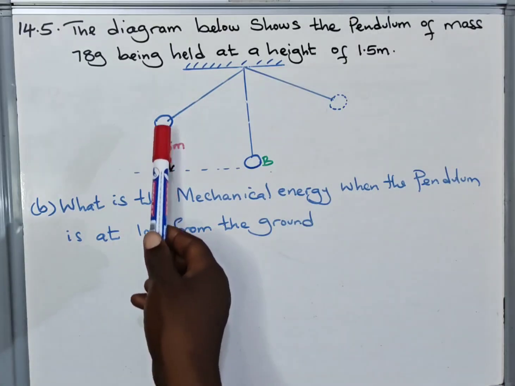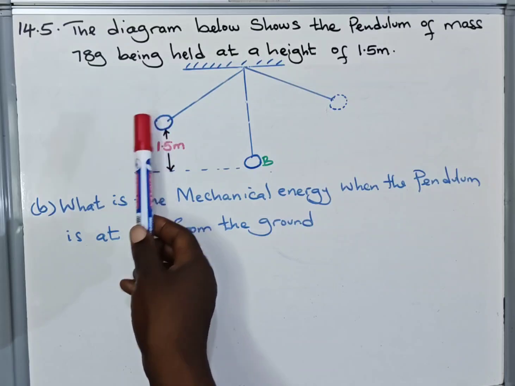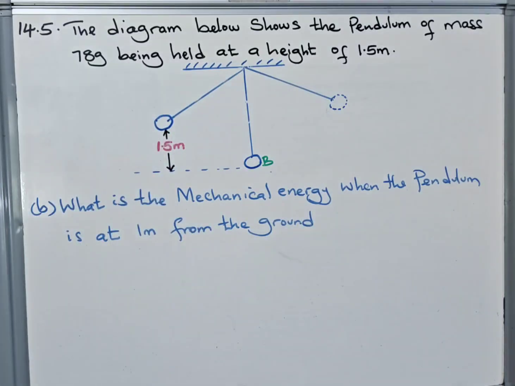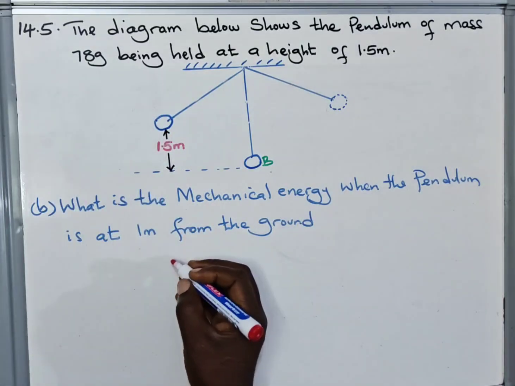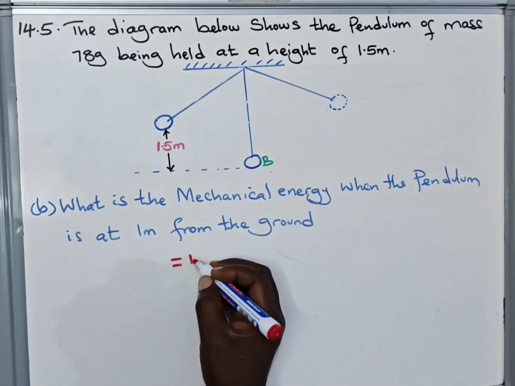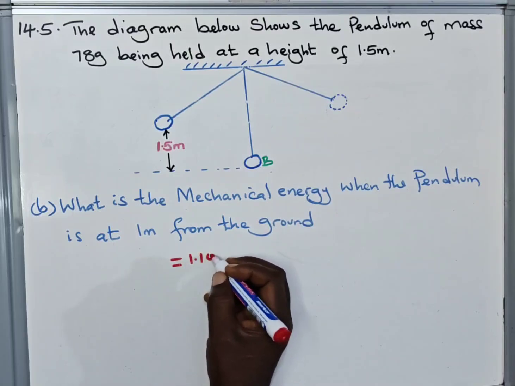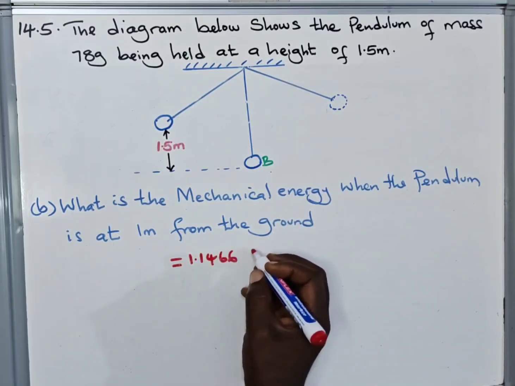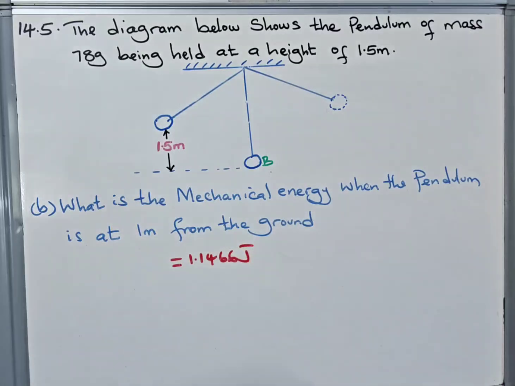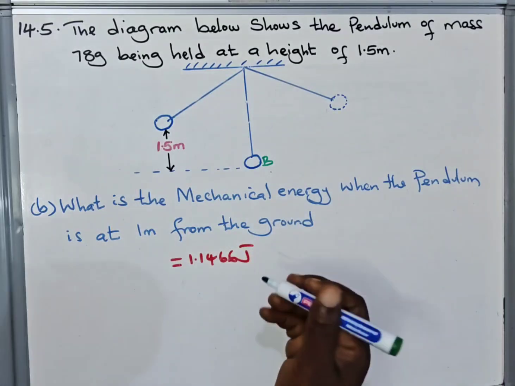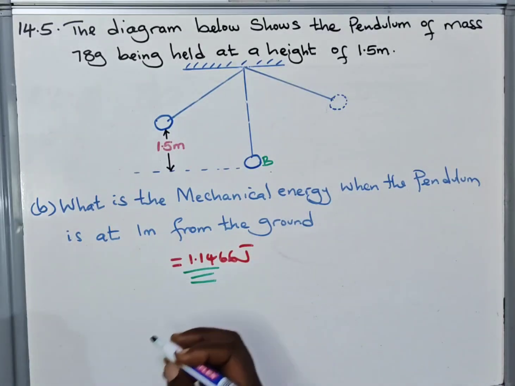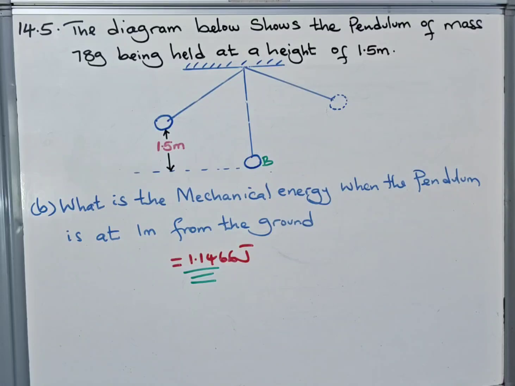It will be the same mechanical energy as the one it had when it was at the top. So the answer is 1.1466 joules. The reason is that mechanical energy is conserved. Conserved means it's the same throughout.